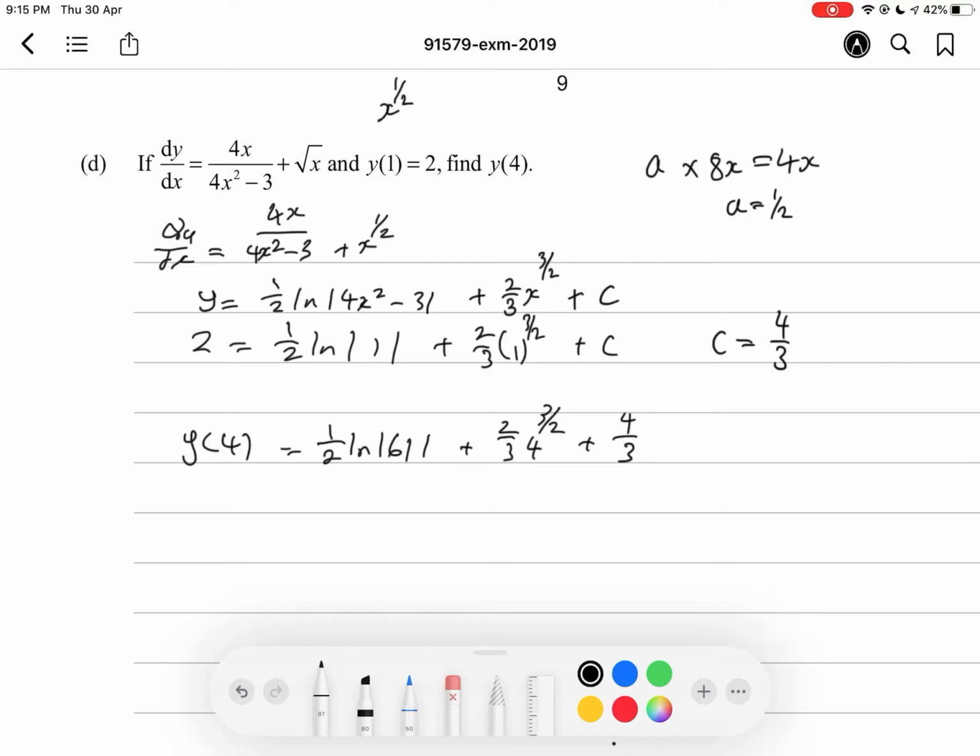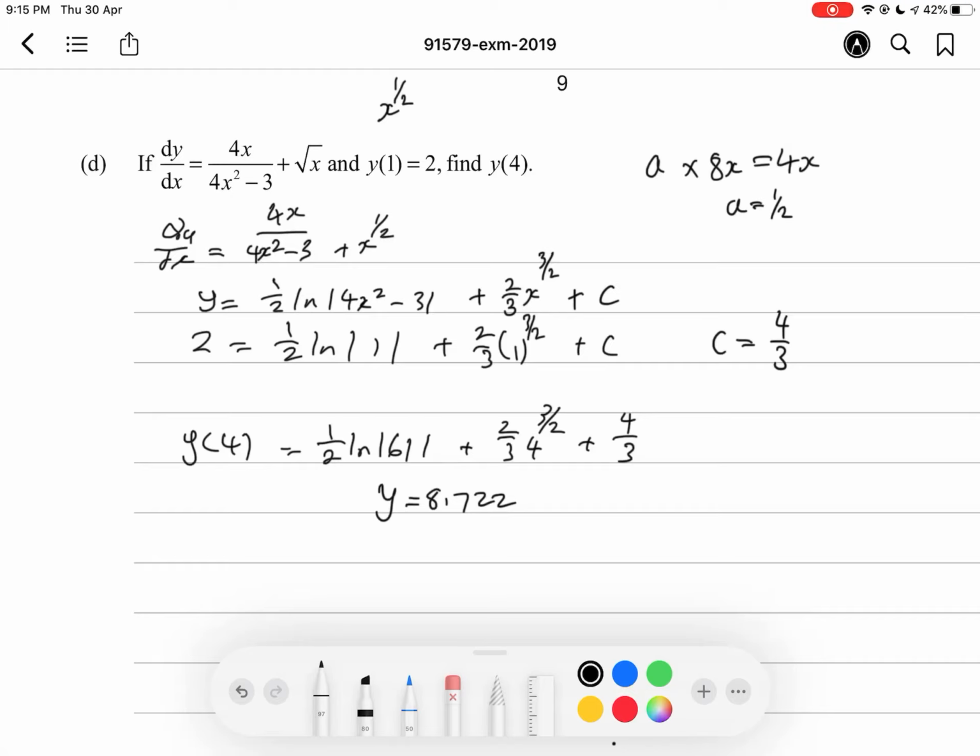So ln of 61 plus 3. We should get that our answer is y equals 8.722.